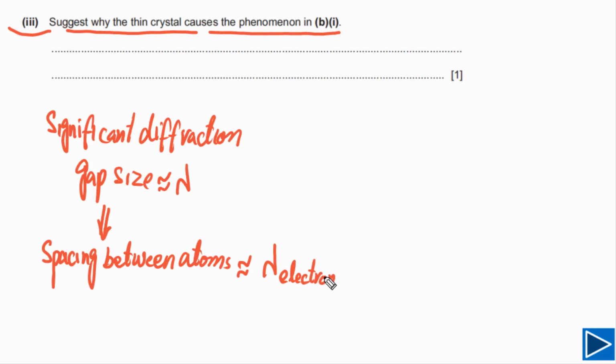So the spacing between atoms is almost equal to the wavelength of the electron, and that's the reason we observe electron diffraction. This is the point you need to write down, and this question has 1 mark. So this is our answer for this question.